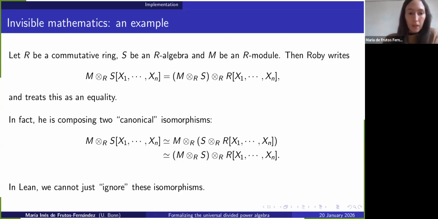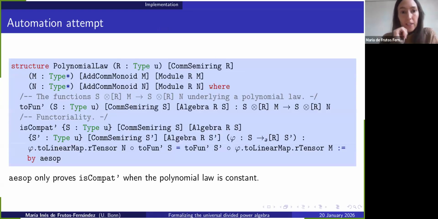And then the last point that I want to make about implementation details is that, well, this is just copying the definition of polynomial law again. But in this definition, we were trying to get Lean to automate certain proofs for us. So we have this isCompat field here, which, remember, is just the functoriality property that has to be true for a pair of R algebras connected by a morphism.